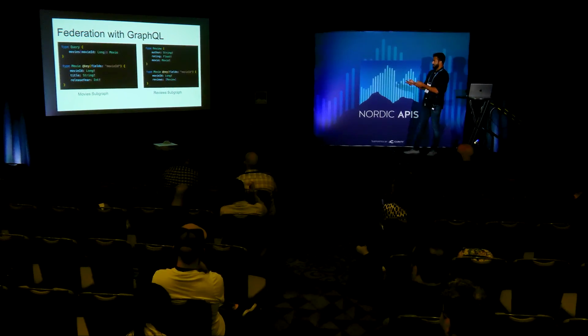The movie subgraph provides a bunch of fields like movie ID, title, and release year, whereas the review subgraph provides reviews for the same movie ID. So it's two different teams coming together to provide the same entity that is shared across.